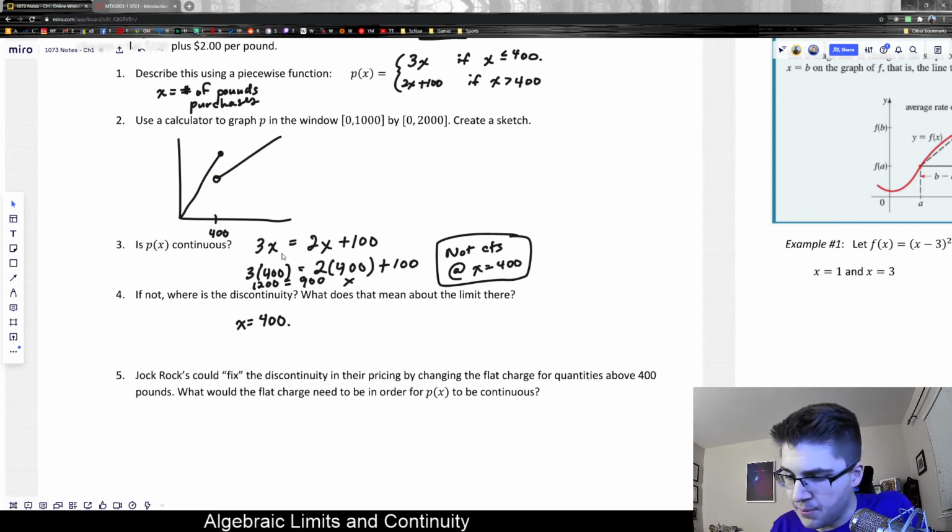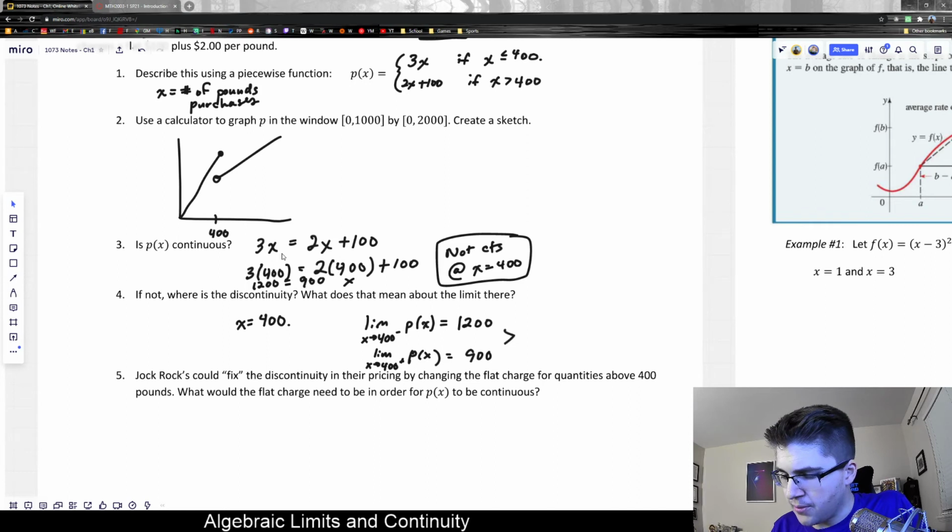Basically the limit as x approaches 400 from the left hand side of p of x was equal to 1200. And the limit as x approaches 400 from the right hand side was 900, and those do not equal one another. So I'll go ahead and write it like this. Those are not equal, so the limit does not exist.